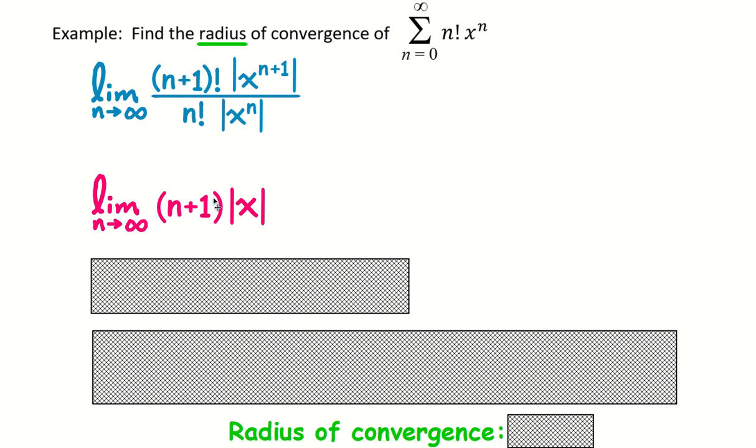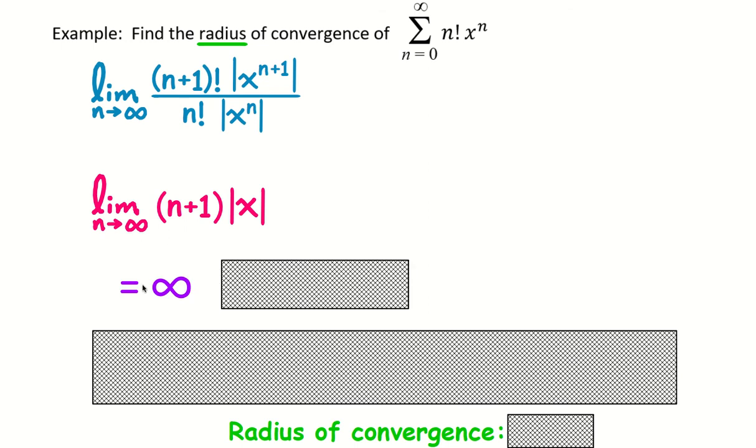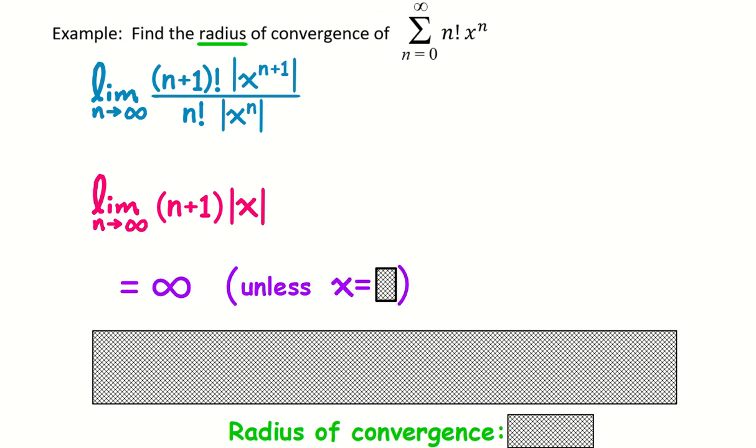So if you were letting n go to infinity, wouldn't it just make this blow up to infinity? Well, yes it would, unless x were to equal one specific number. Like if x equals 1, this blows up to infinity.